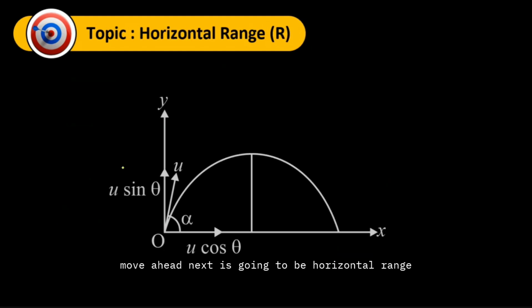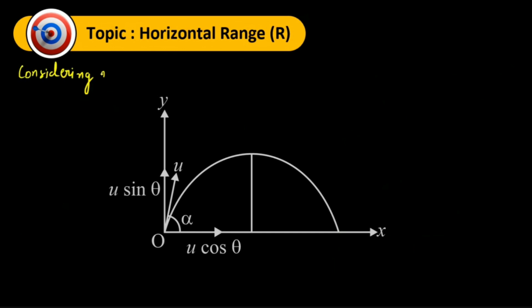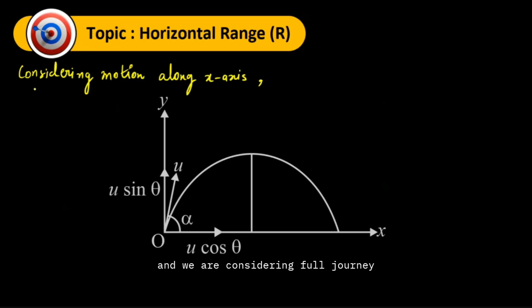Next is going to be horizontal range, and again we have to find the horizontal range. We have to consider the motion along x-axis. So considering motion along x-axis, and we are considering the full journey, or you can say complete journey, with the particle starting from point O and coming back to the ground.